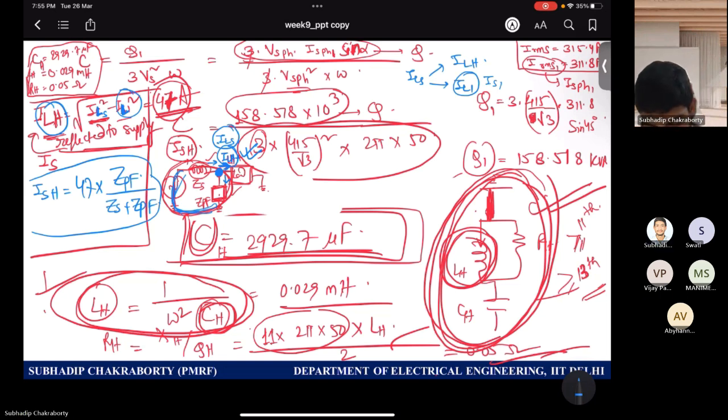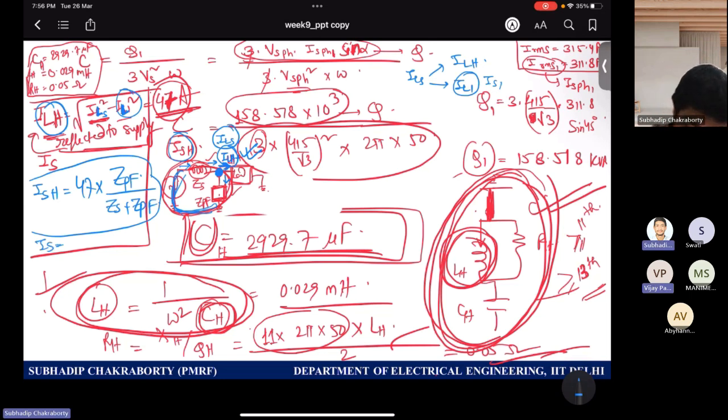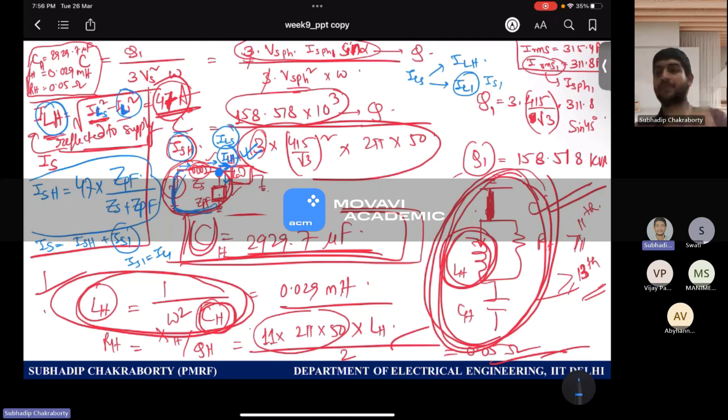These are the supply side reflected harmonic components, so ISH. And supply will also carry the fundamental of the load. So I supply will be ISH harmonics plus IS1. What will be IS1? IS1 will be equal to IL1, because supply will throw the reactive power of the load, or reactive component of the load fundamental, plus ISH.